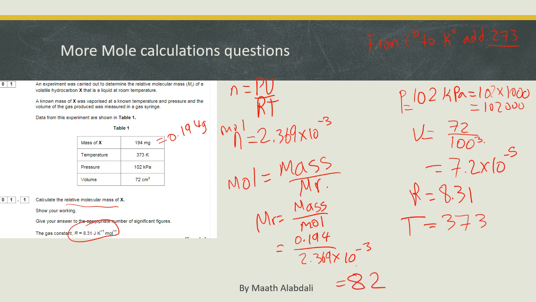For an appropriate number of significant figures, the lowest given value has 2 significant figures, so we give the answer in 2 significant figures. The unit is grams per mole, g mol to the power of minus 1.